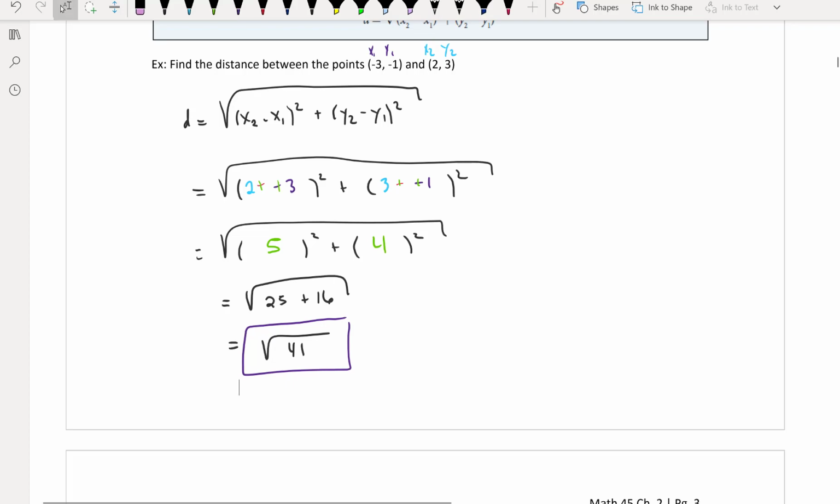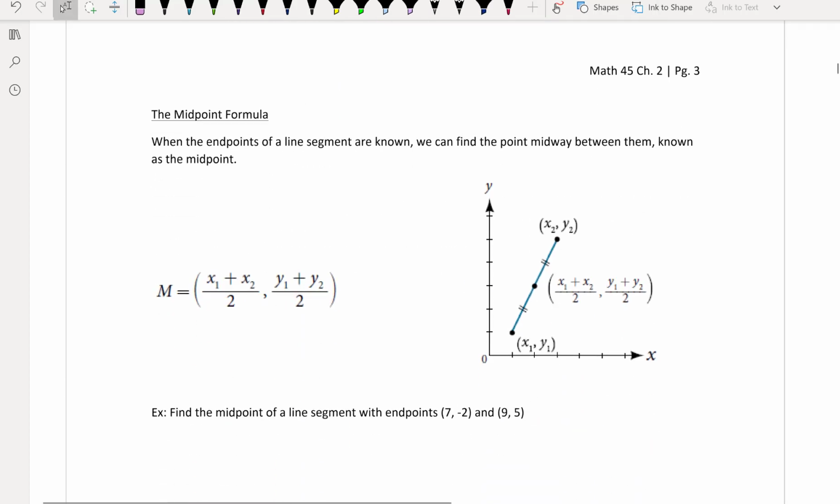Okay, now maybe you don't want to know the distance between point A and point B. Maybe instead you want to know, hey, what's going to be the halfway point? I know for myself, sometimes I have to drive a lot in LA County and Orange County.